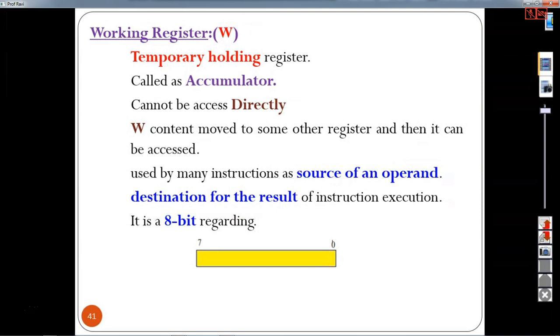PCL, 8-bit wide, is readable, but the upper bits are not readable, though they are indirectly writable through the PC latch register. So this is the program counter. For clearing you can use this.